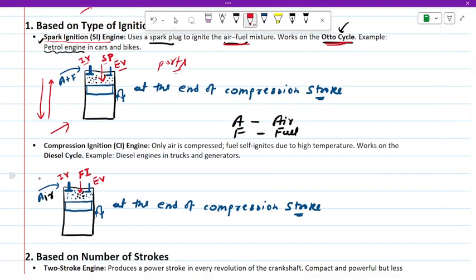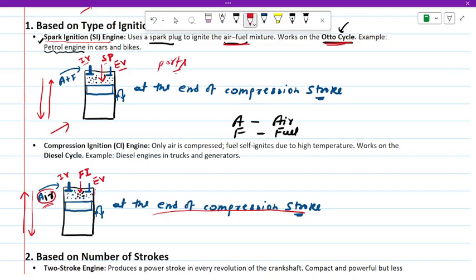Here we need to assume that this is a diesel engine, so the inlet of the air will be taken. When the inlet valve goes down, the air will be sucked into the cylinder. Then once again the piston goes down during the suction stroke, and goes up during the compression stroke, and at the end of the compression stroke, the fuel injector will be activated and fuel is injected inside the compressed air.